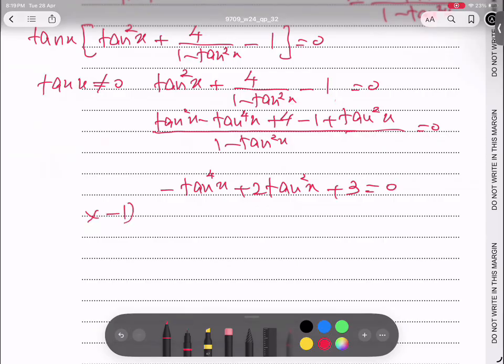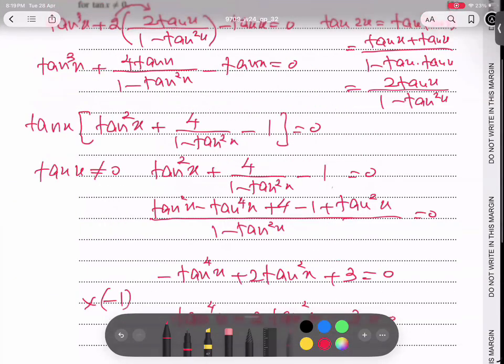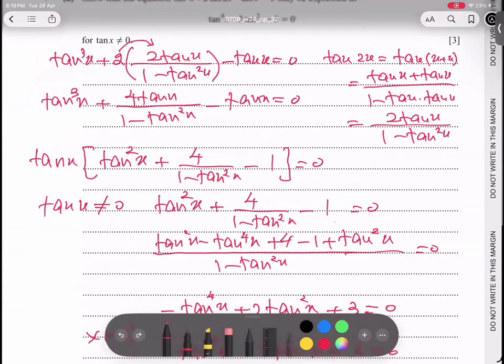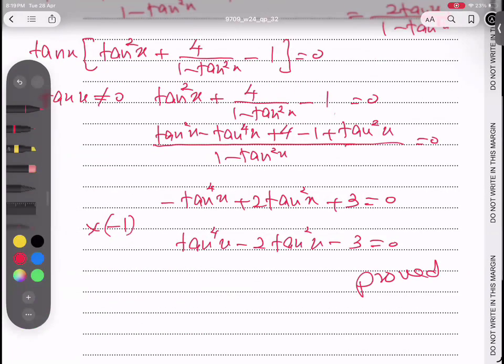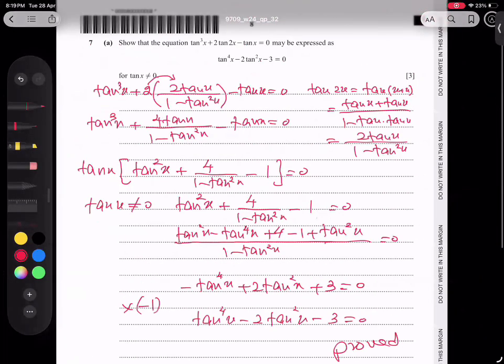Multiply by minus 1, and everything is the same except the signs change. Check it now, it totally matches. So Alhamdulillah Rabbil Alameen, proved. So the first part of the question is very, very clear.